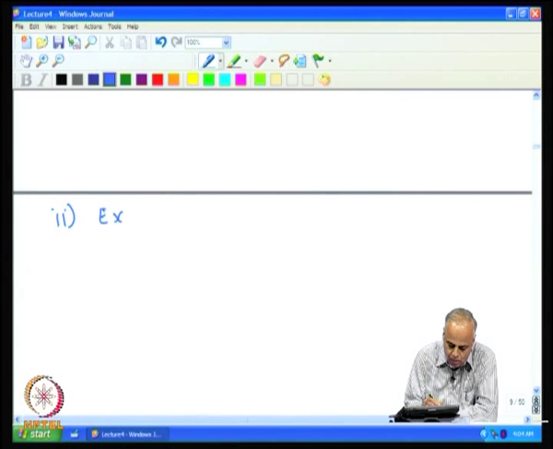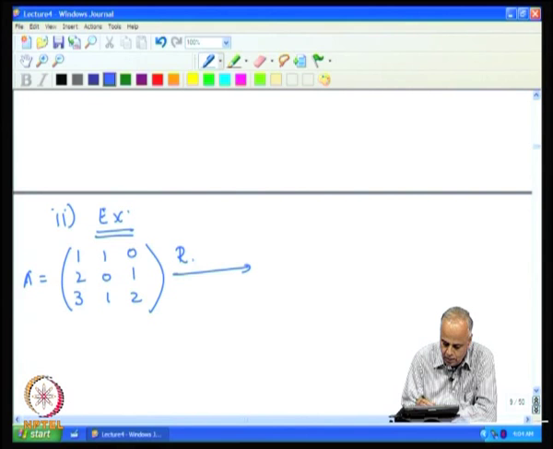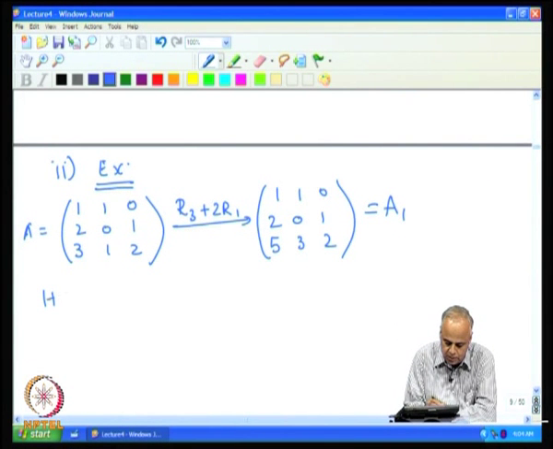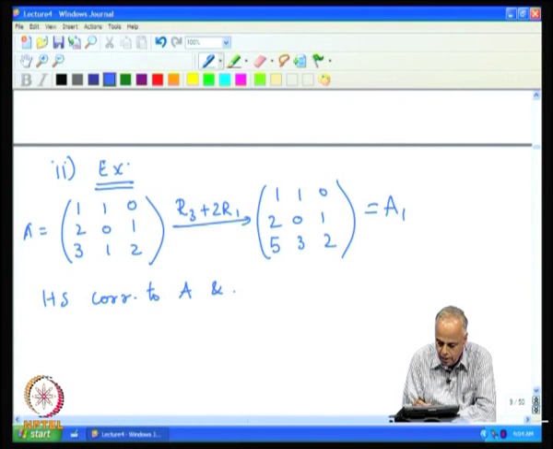Let us again look at our example. We had 1 1 0, 2 0 1, 3 1 2. This was the matrix A, and we did R3 plus 2R1 to get 5 3 2, which is A1. Now, look at the homogeneous systems corresponding to A and A1.